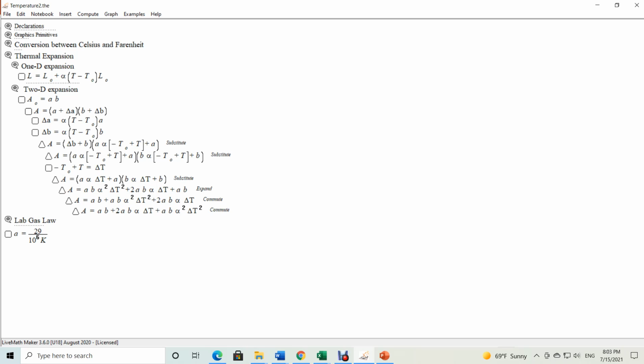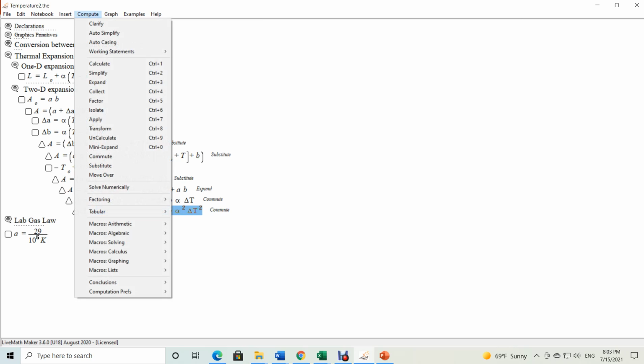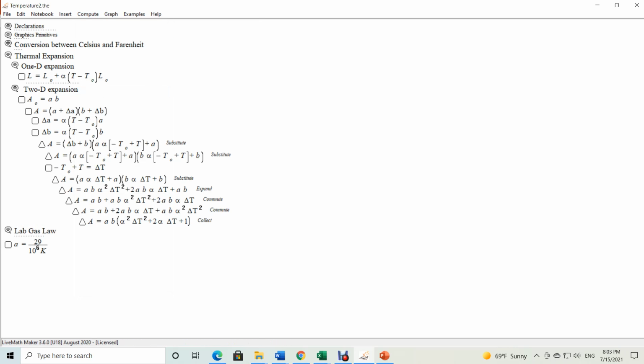But let's do something else. Notice that we have AB here, AB here, AB here, right? So we can go ahead and simplify. We can collect those terms. We have AB. I'm going to call AB A naught. Here we go. And I'm going to rearrange this term so we can have the number 1 before, so it becomes easier to visualize.